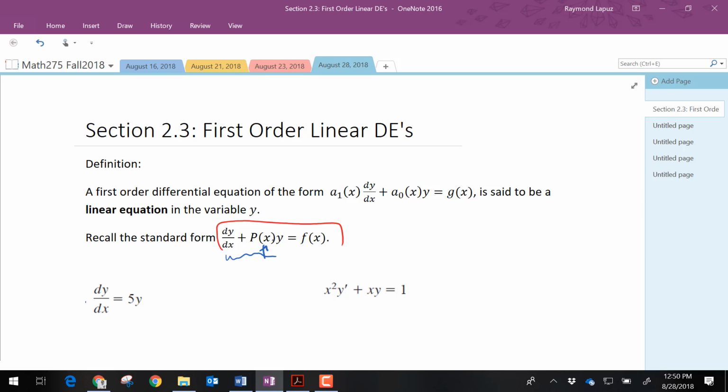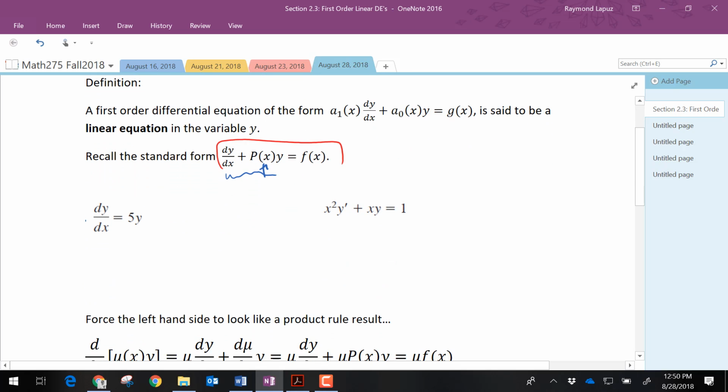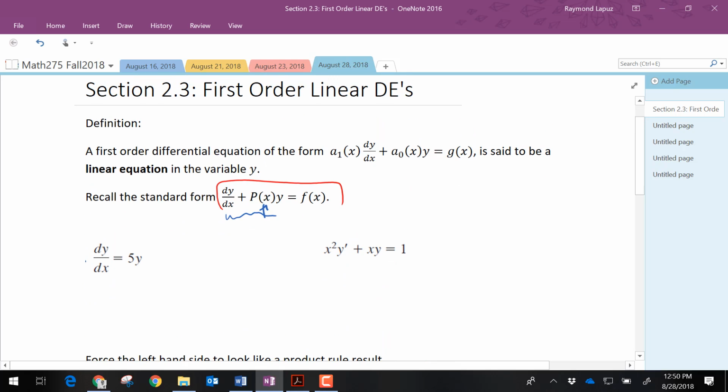But first, let's take a look at a couple of simple examples and see if we can turn these into standard form if they aren't already. So first of all, this example, which we already know the solution to, right? What's the solution to this first example here? Is y equals y naught e to the power of what? 5x?